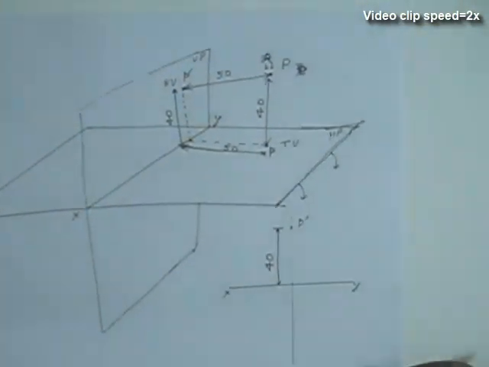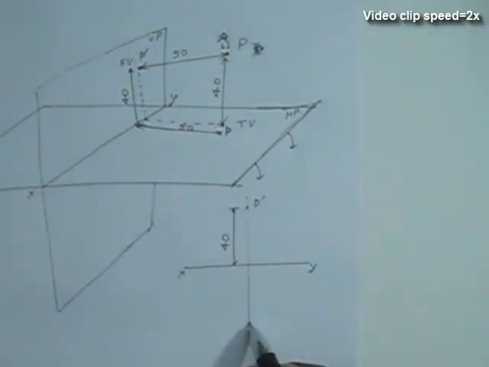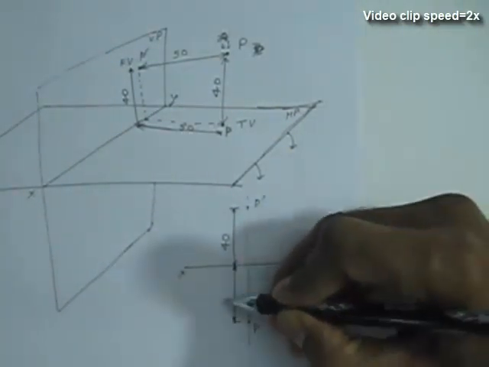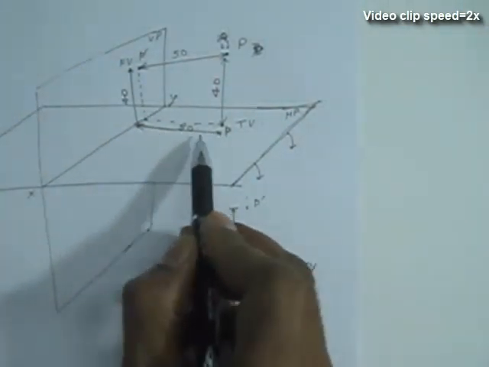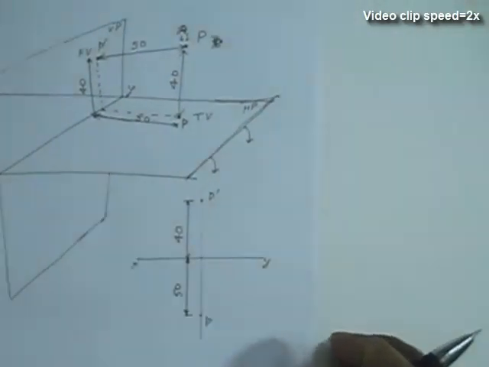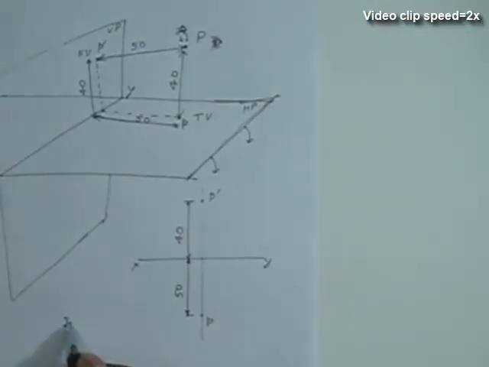So this is the front view P prime and the top view will be below the reference line, P, as shown here. So the distances are shown as 40 mm for the front view and 50 mm for the top view. So this is first angle projection system.